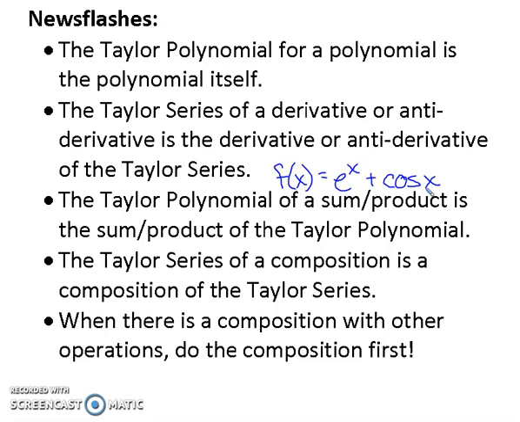Also, the Taylor series of a composition would just be the composition of the Taylor series. So that's kind of like how I did the cosine of 2x. I took the cosine of x series and then inserted the 2x into it because 2x was inside of the cosine function. And then lastly, when there is a composition with other operations, you want to do the composition first.